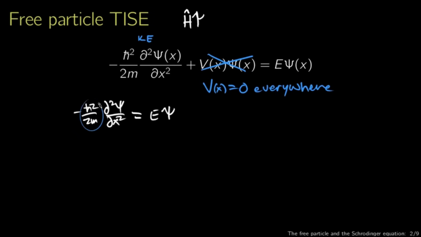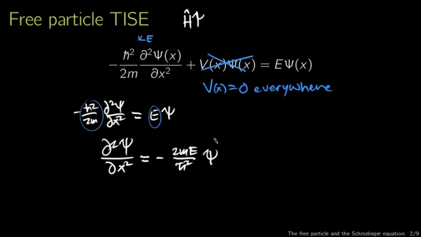Now, we have some constants here, and we have a constant here, so let's lump them all together. And I'm going to shift the signs around a little bit as well, so that what we've got is the second derivative of psi with respect to x is equal to minus 2mE over h bar squared times the wave function. So just lumped all our constants together and multiplied through by a minus sign. Now, you notice the second derivative here of the wave function, giving you the wave function back.